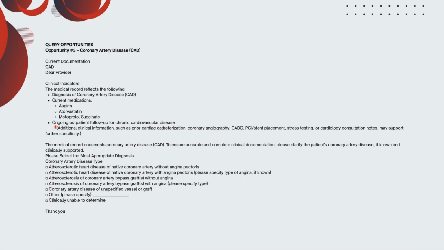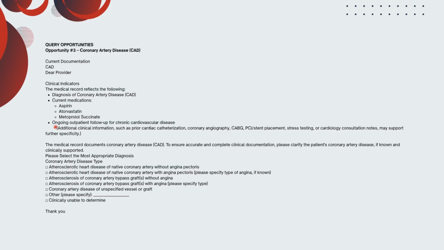Opportunity number 3. Coronary artery disease, CAD. Current documentation: CAD. Dear provider, clinical indicators. The medical record reflects the following. Diagnosis of coronary artery disease, CAD. Current medications are aspirin, atorvastatin, metoprolol succinate. Ongoing outpatient follow-up for chronic cardiovascular disease.